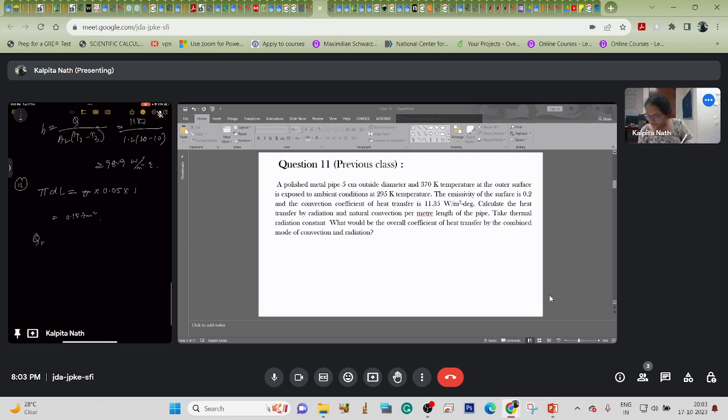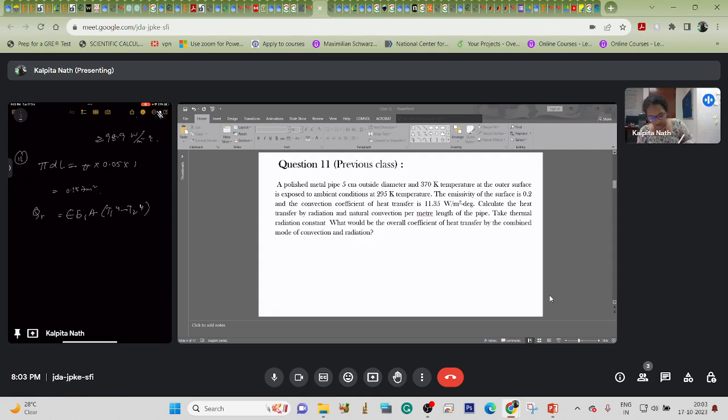Q radiation is equal to epsilon sigma A (T1 to the power 4 minus T2 to the power 4). Right? Now Q convection is H A delta T. This is 0.2, this is 5.67 into 10 to the power minus 8, this is 0.157, and T1 is 370, T2 is 295.